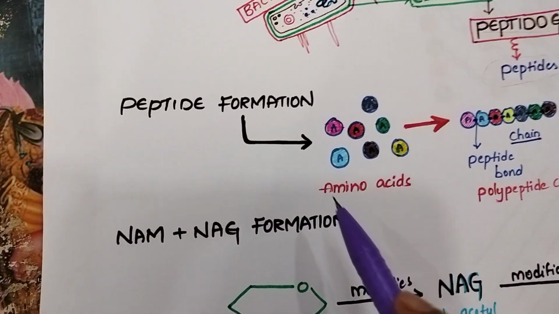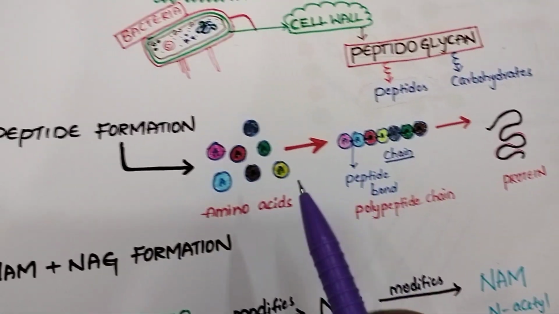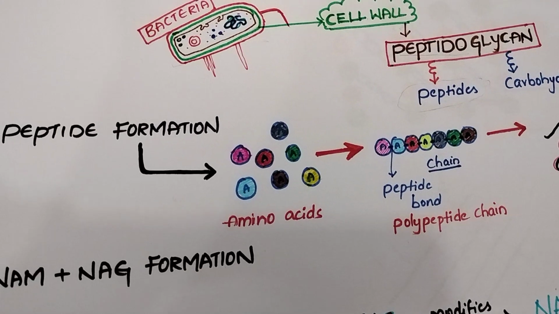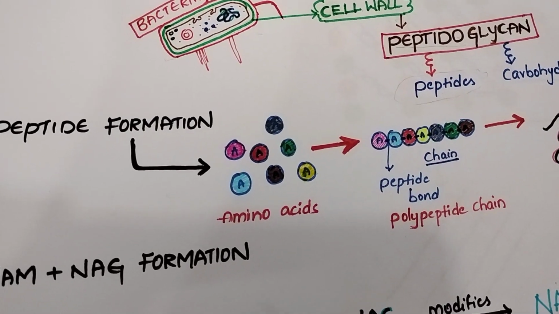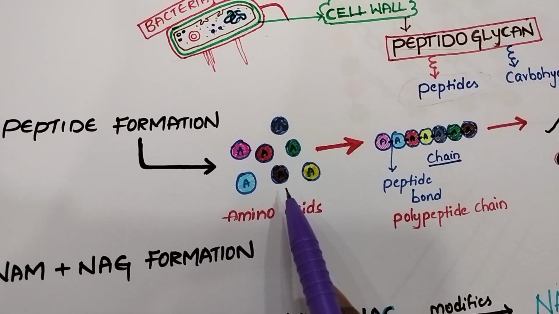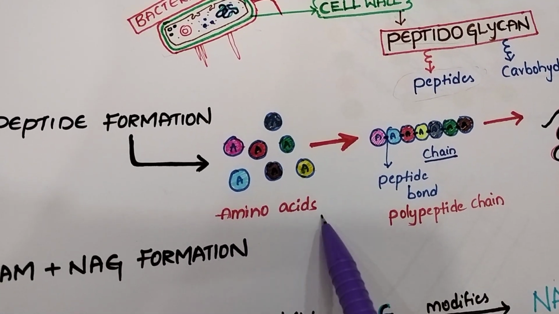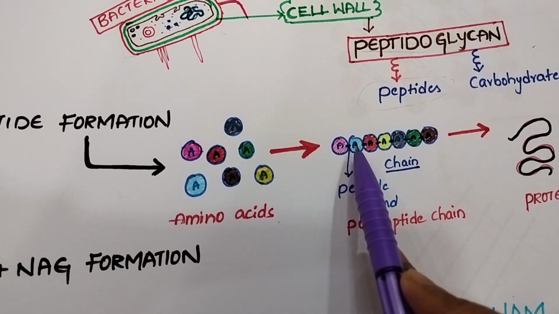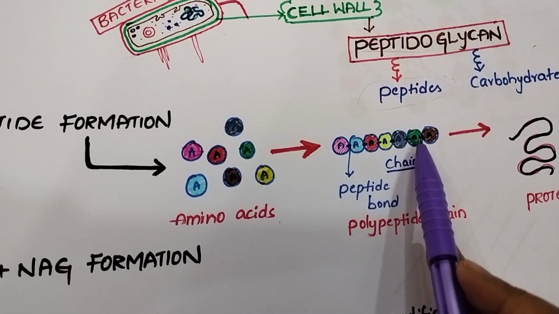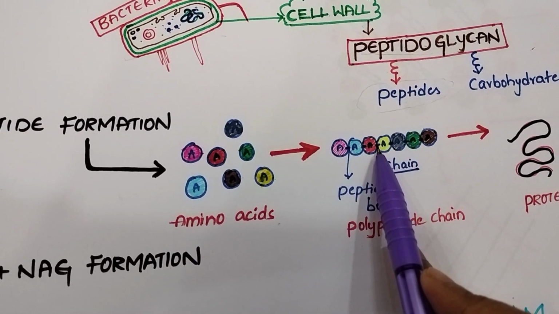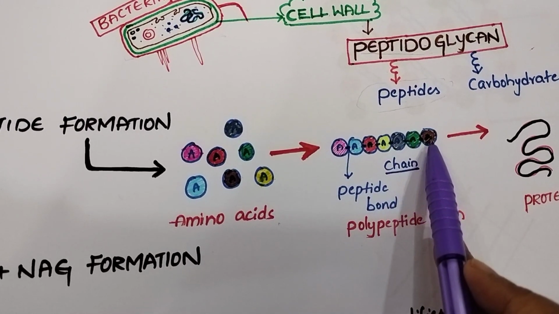This is the peptide formation. Plenty of amino acids are present in our body, and I have drawn different types of amino acids here. These amino acids combine with each other with the help of a bond. I have drawn a bond between each amino acid.